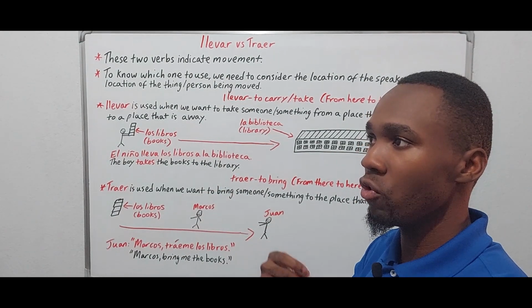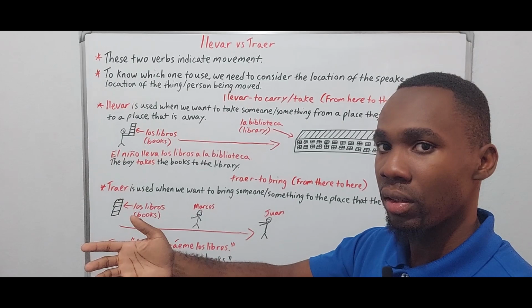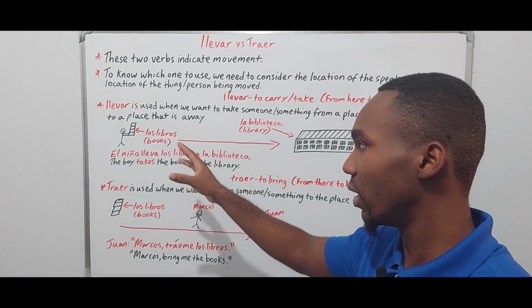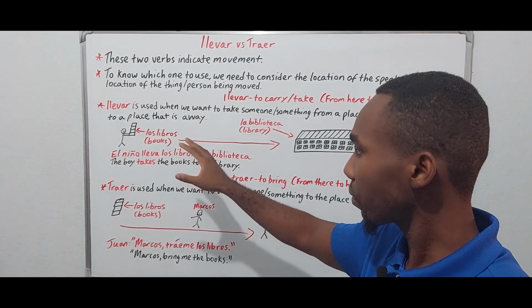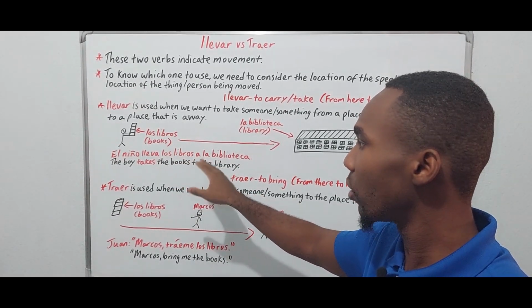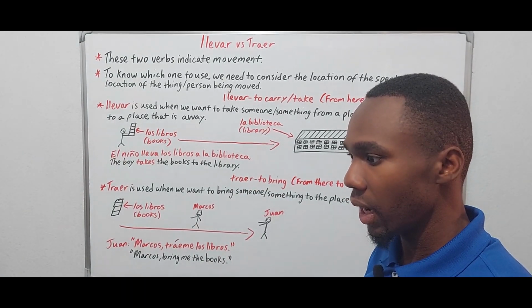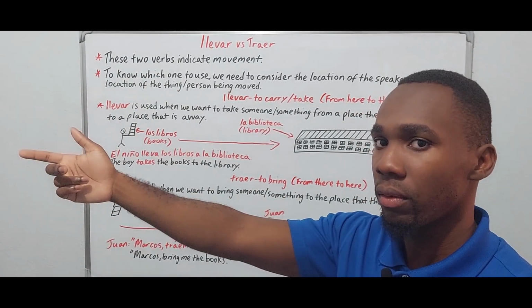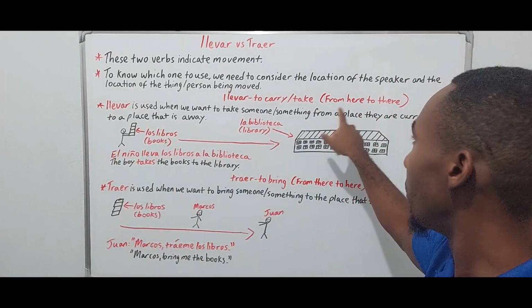Llevar means that the movement is away from the speaker or the person involved in the scenario. So el niño lleva los libros a la biblioteca. The boy is here and he wants to go there, and he's taking something there. This is why I say from here to there.